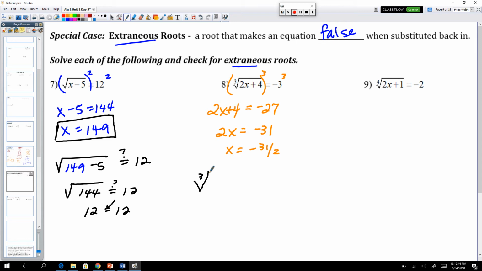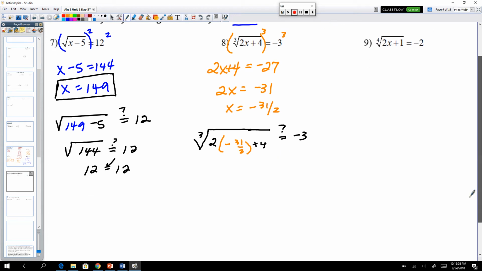So is the cube root of 2 times negative 31 halves plus 4 equal to negative 3? That's what we want to know. Well, let's see here.